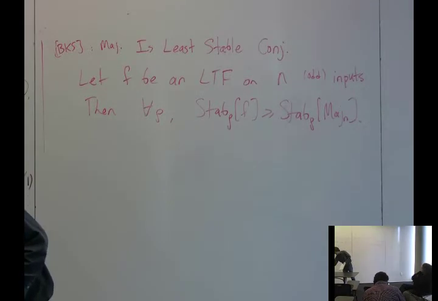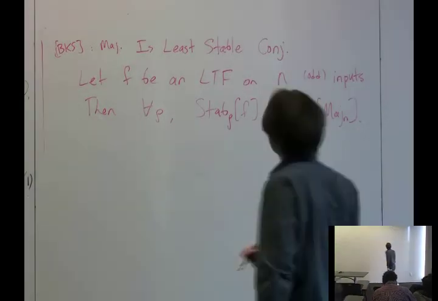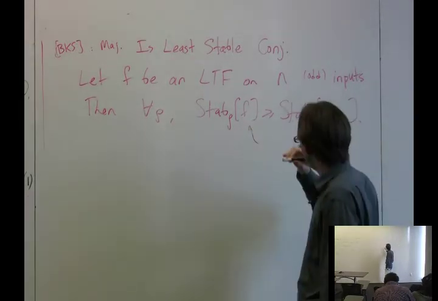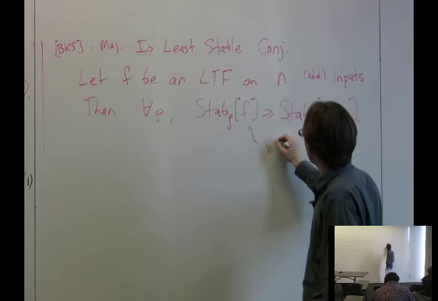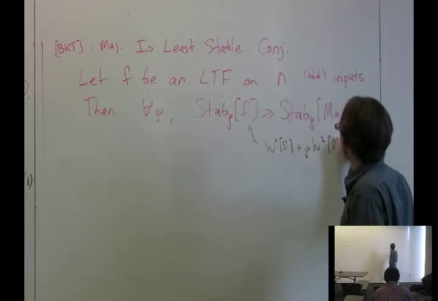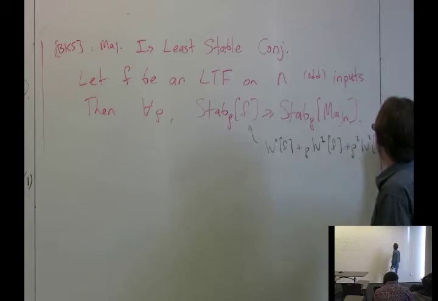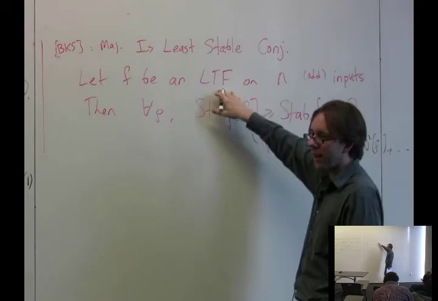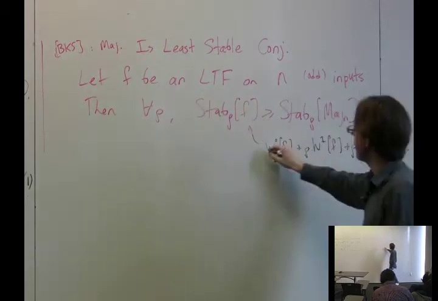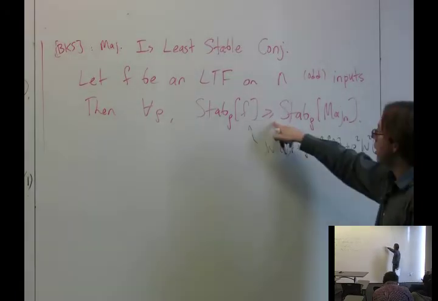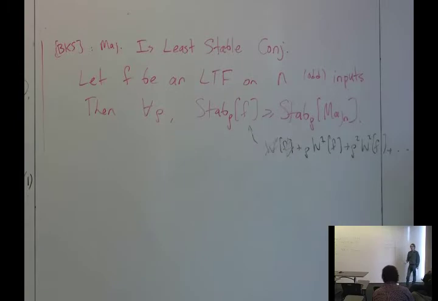In fact, we'll see this more later. The noise stability of a function f is the weight at level 0 of f plus rho times the weight at level 1 of f plus rho squared times the weight at level 2 of f, and so on. Let's say you only worry about LTFs that are unbiased, so the mean is 0. In that case, this term goes away. Now if this is really going to be true for all rho, it has to be true when rho is really close to 0.